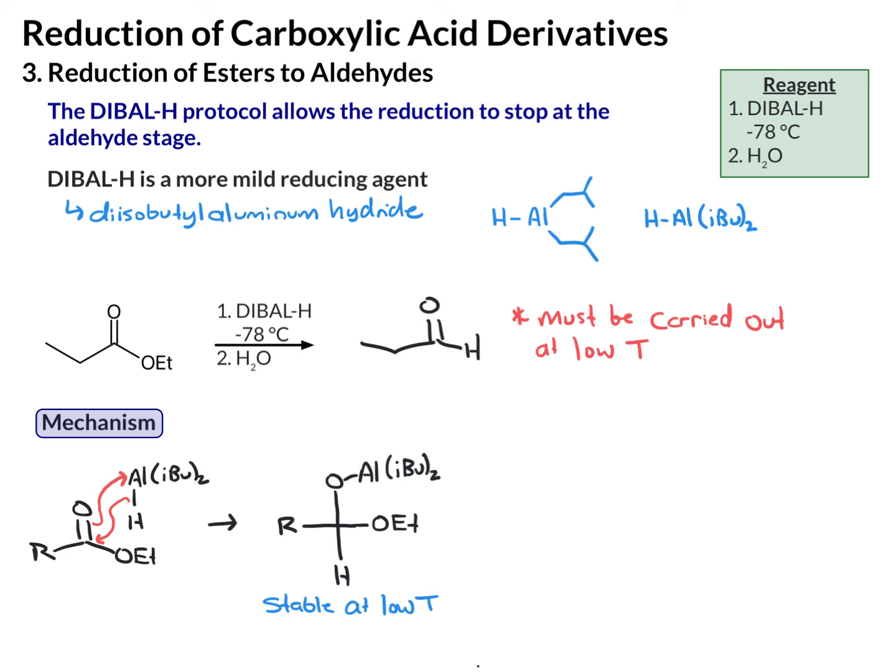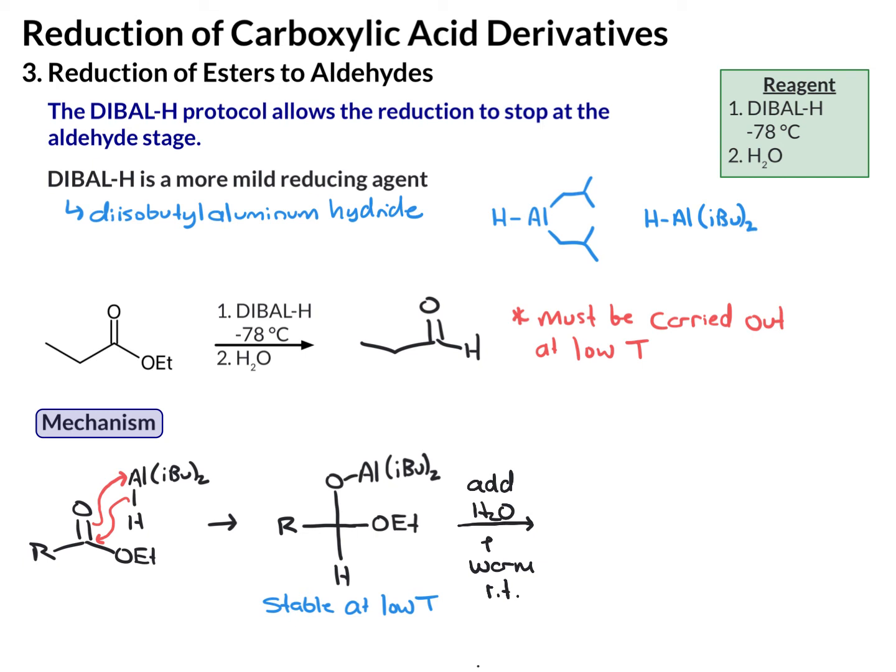So what happens next, once all of your ester has been reduced to this tetrahedral intermediate, is water is added and the reaction is warmed up, just to room temperature.